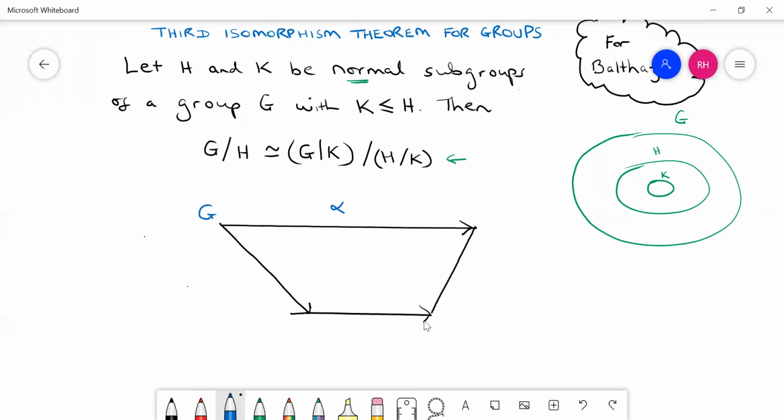G, we've got some alpha homomorphism, which maps G to G quotient out H. We can also go the long way around.